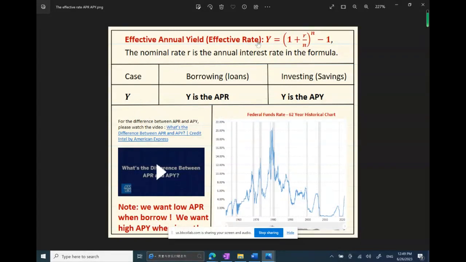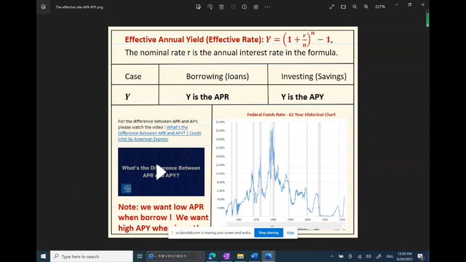Why is this concept so important? Because it gives us a way to compare two investing options or to compare two or more borrowing options. When we borrow, we want as low an APR as possible.